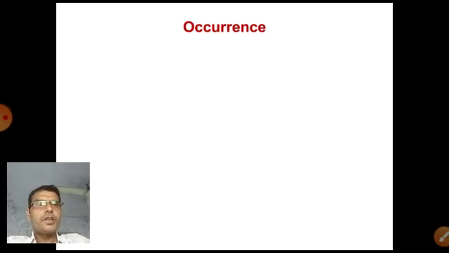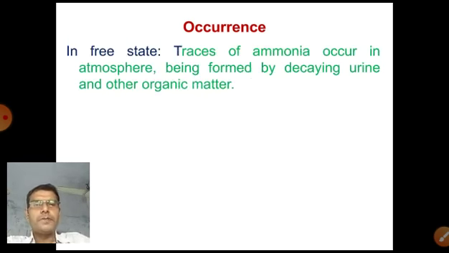Now the occurrence of ammonia. Ammonia occurs in nature in the free state and also in the combined state.